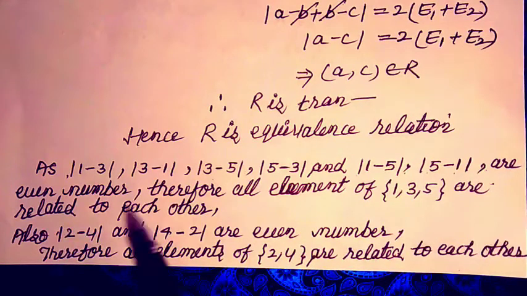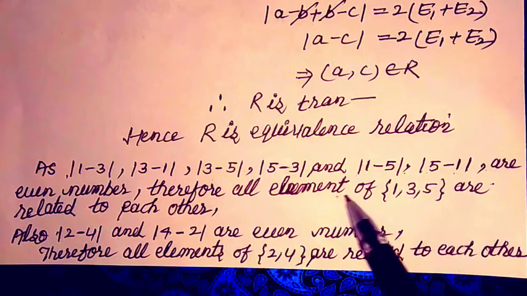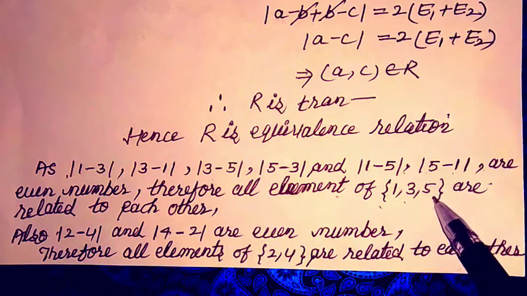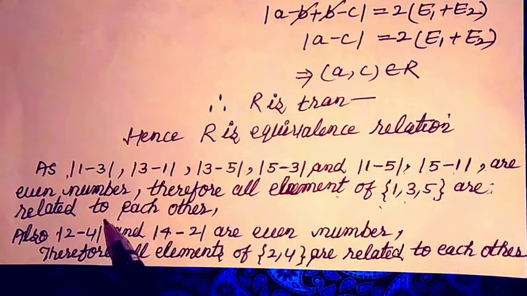They are even numbers, therefore all elements of {1, 3, 5} are related to each other. Now next part also, 2 minus 4 and 4 minus 2 are even numbers, therefore all elements of {2, 4} are related to each other, isn't it?